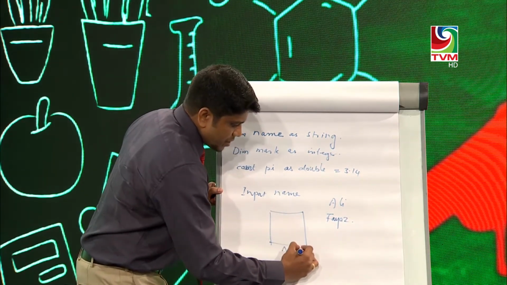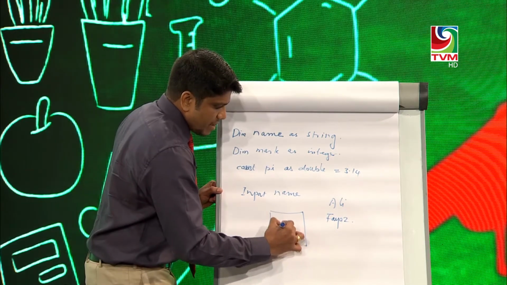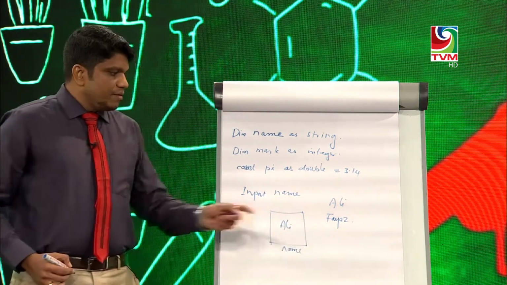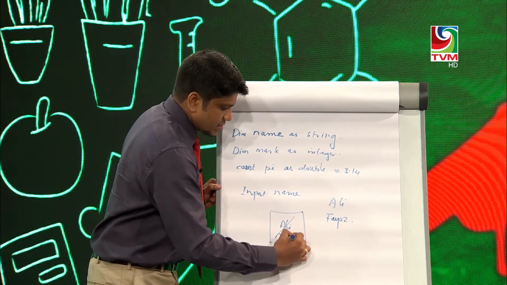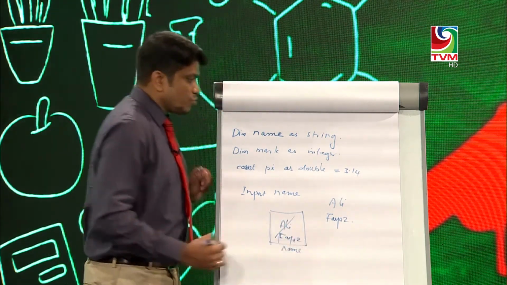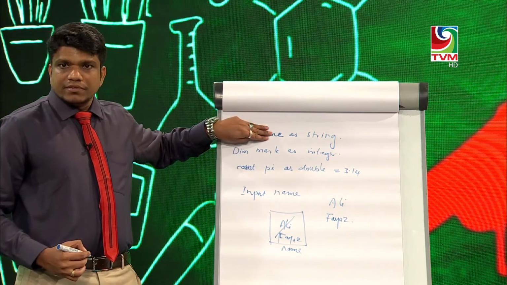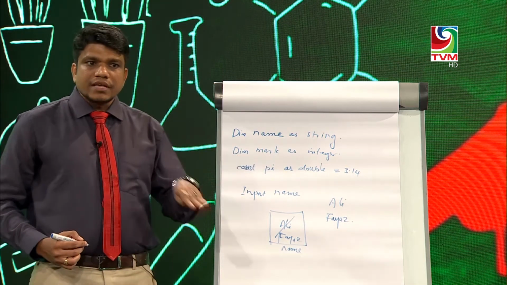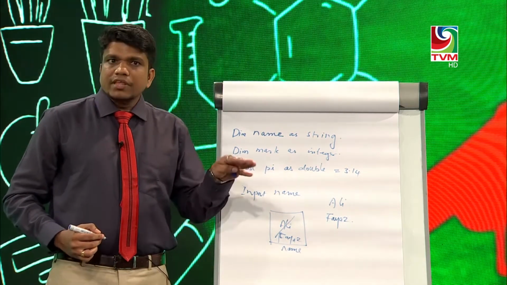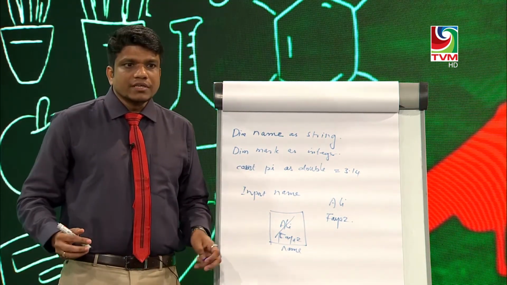The name of the memory storage is name, and I gave Ali. Then when I give Fayaz, Ali will be overwritten with Fayaz. That is why it is known as a variable. But in the case of a constant, it always remains the same throughout the execution of the program.